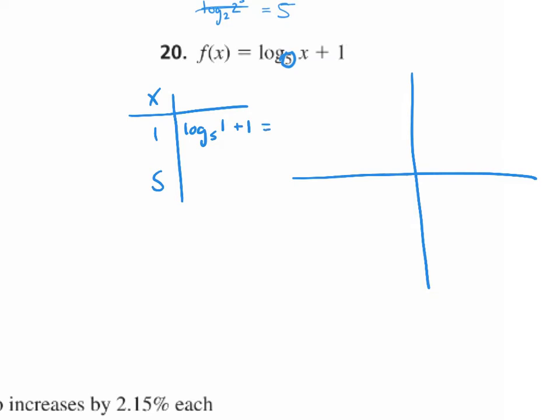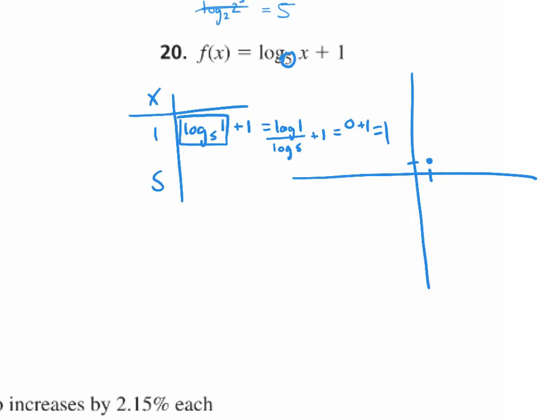How do we evaluate that log base 5 of 1? So we're just figuring out what this is first. Log of 1 over log of 5 plus 1. What's the log of 1? 0. So this would be 0 over, doesn't even matter because this is going to be 0. So 0 plus 1 is 1. So on our graph, we go to the right 1 and up 1. Put our point there.